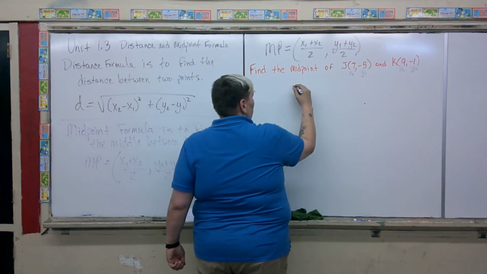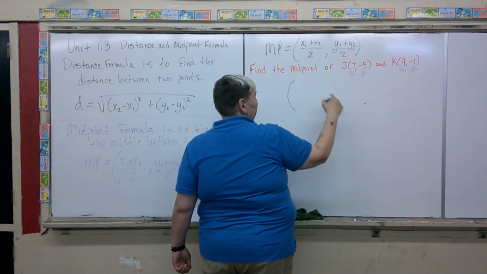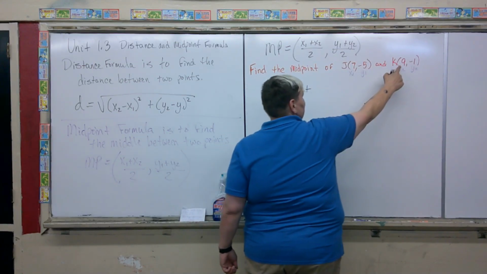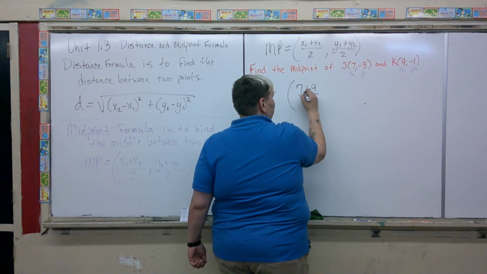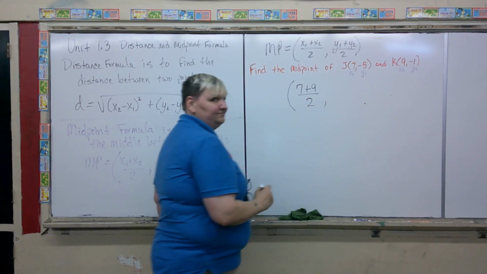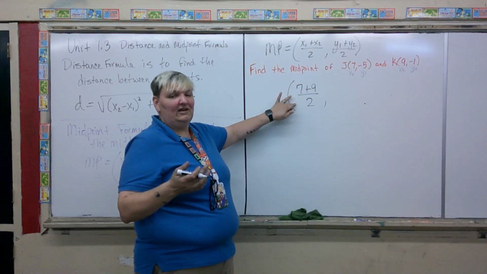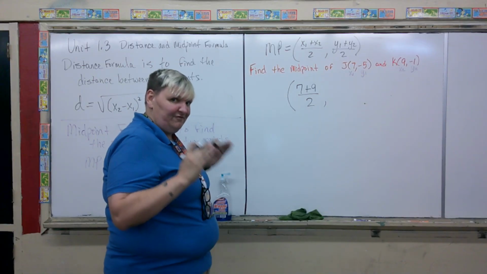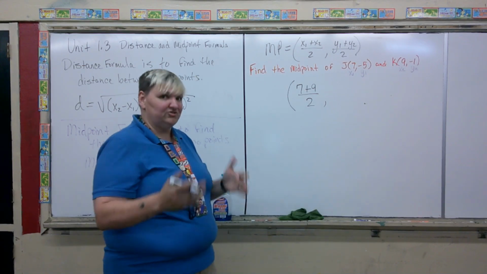Right? So, what do we have? Big parentheses. x1 plus x2. 7 plus 9 divided by 2, comma. Again, at some point you'll reach the comfort level to where you can do this in your head. But for now, write down every step. That way, if you make a mistake, I know at what step you're struggling.